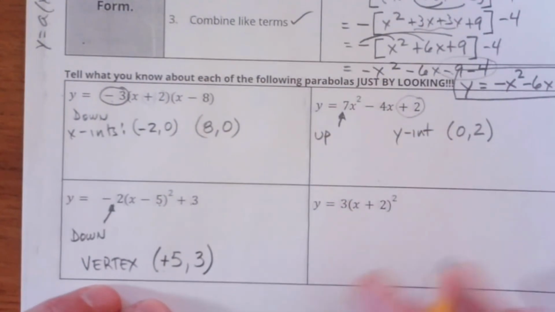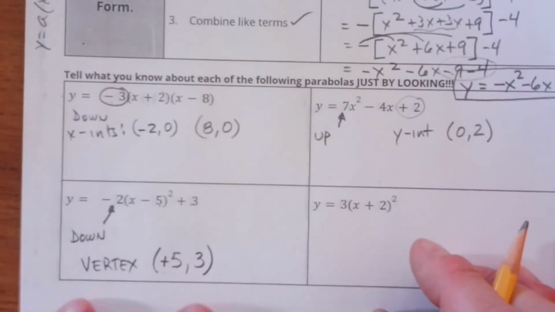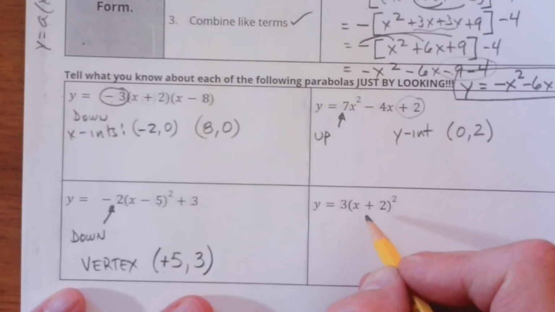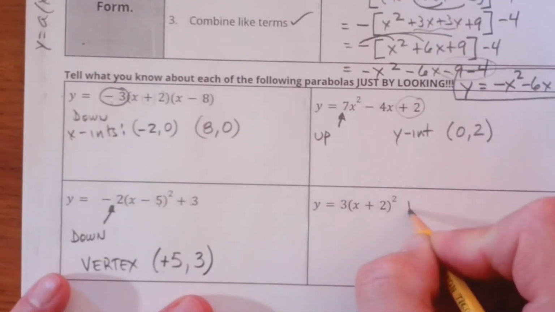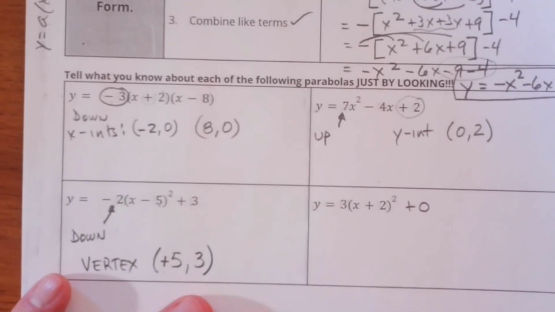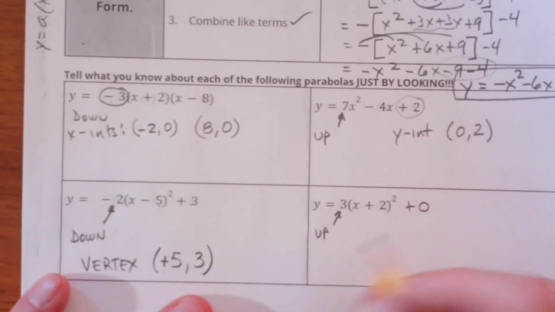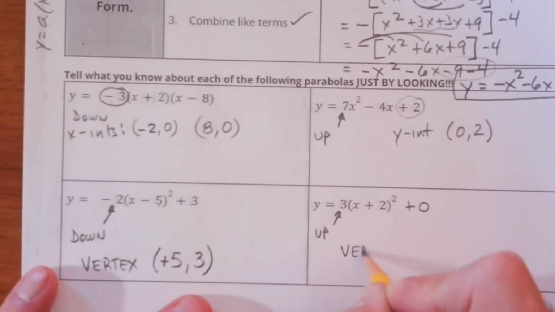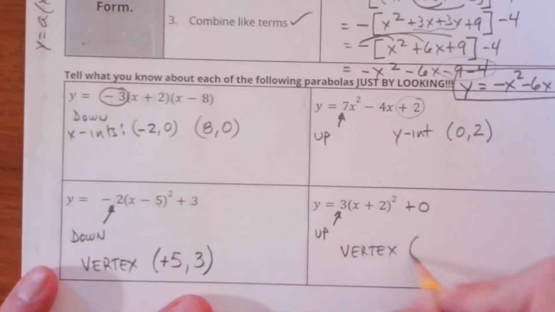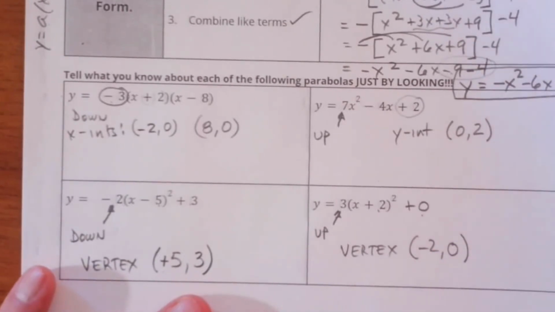So yes, that's correct vertex. And then this one is another vertex form. What's missing is the plus 0. So this number means it's going to open up, and then we know that the vertex is going to be at negative 2 and positive 0.